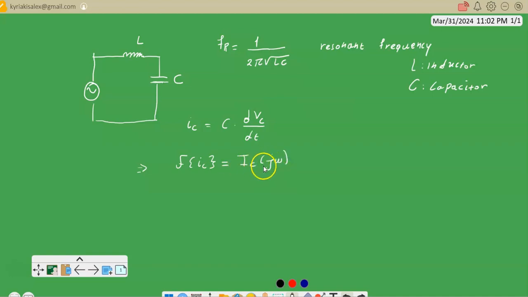We use j, not i, to avoid confusion with the current, so j is the square root of -1. And also I take the Fourier transform of this derivative here.